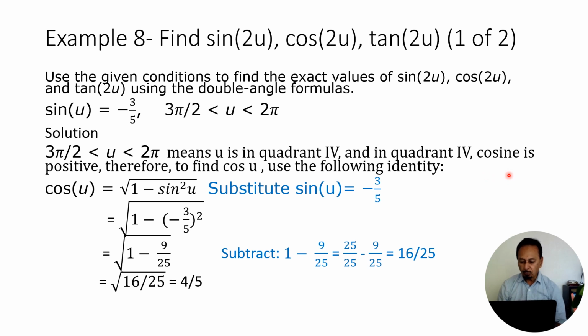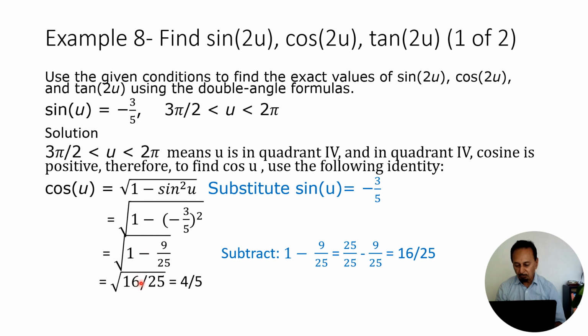And in quadrant 4, cosine is positive, and therefore to find cosine u, we're going to use the following identity: cosine u equals the square root of 1 minus sine square u. So it's a plus sign here. Now we substitute sine u equal to minus 3/5. So this becomes the square root of 1 minus the square of minus 3/5, which is 9 over 25.